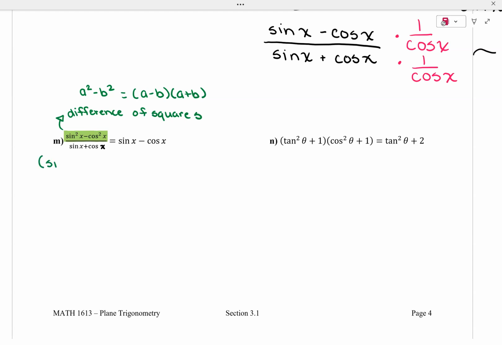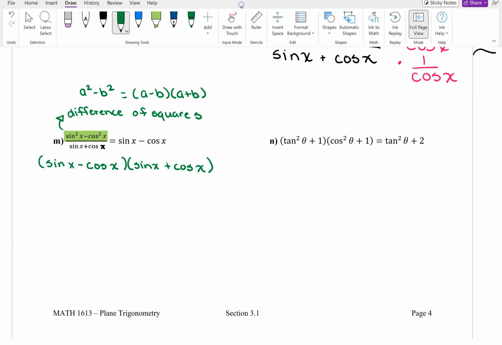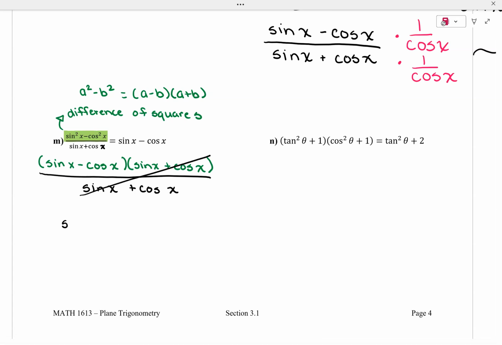So we're going to write sine x minus cosine of x times sine of x plus cosine of x, and that is going to be all over sine of x plus cosine of x. Well, if you notice, these cancel, and you're left with sine of x minus cosine of x, and that was exactly what we needed.